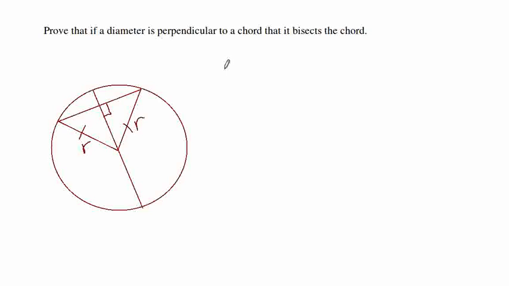So I can use the hypotenuse leg theorem to establish that both right triangles are congruent. Remember that the HL theorem says that if two right triangles have congruent hypotenuses and a pair of legs that are also congruent, then the right triangles are congruent.